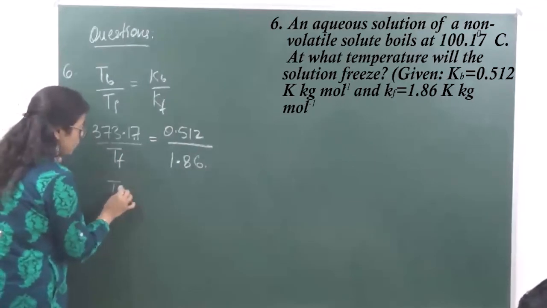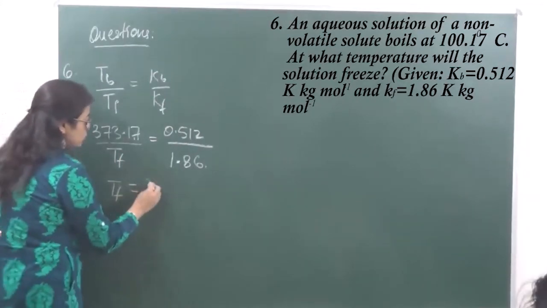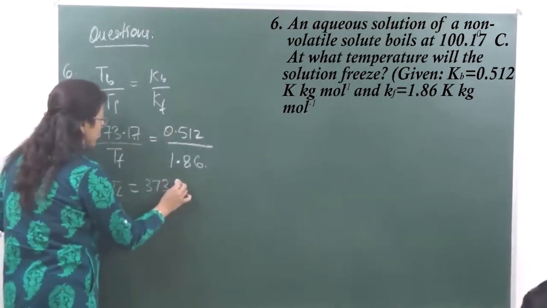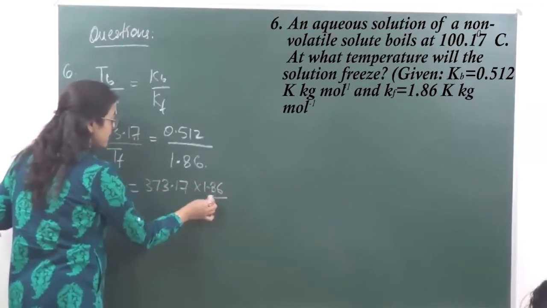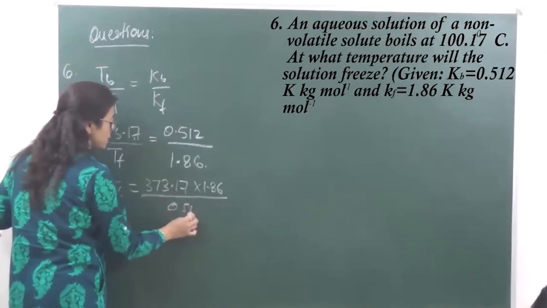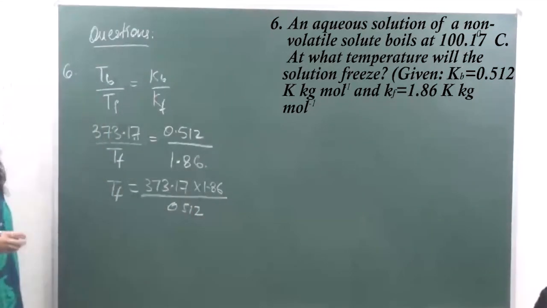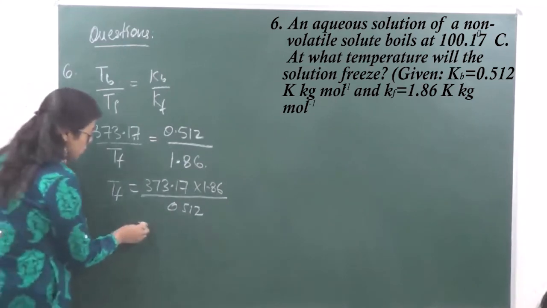TF will become equal to what? 373.17 into 1.86 upon 0.512. So when you calculate this, how much will it come?